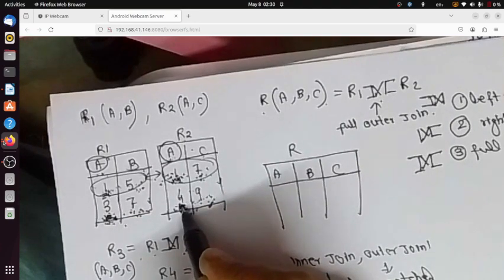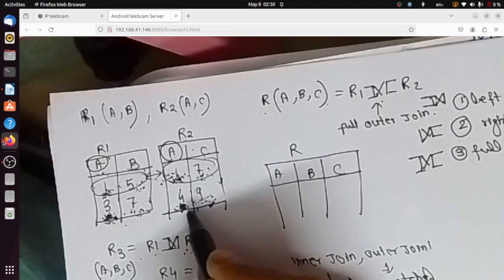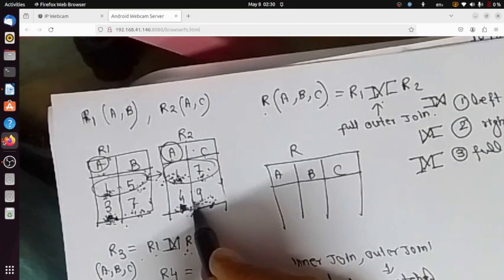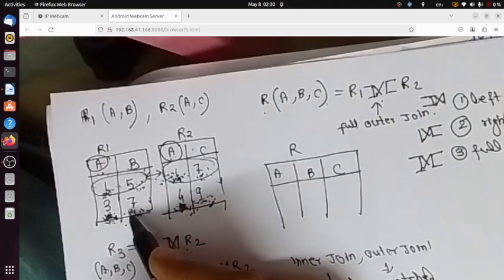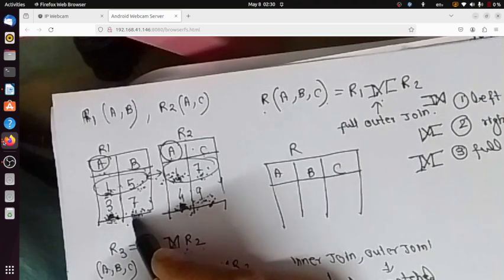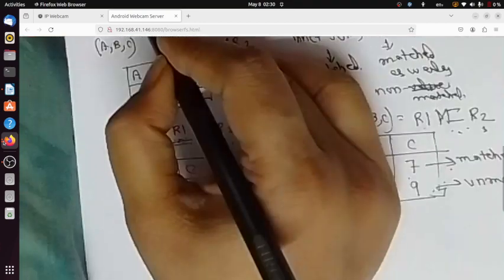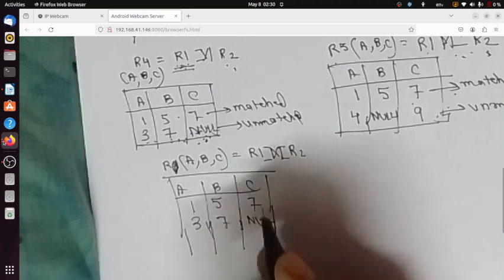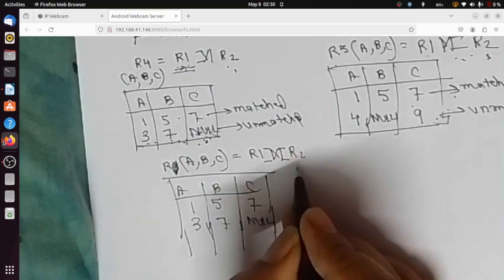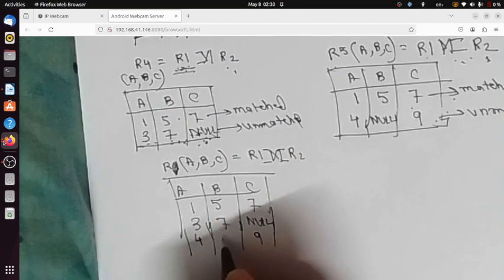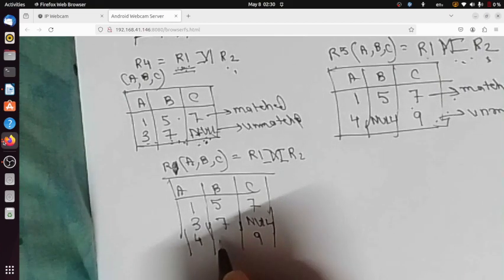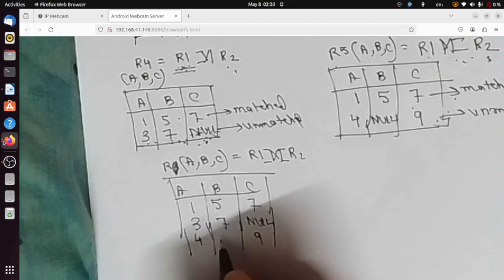So 4, 9 is a non-matched record from relation R2, and it will also be included in the output relation of the full outer join, where the value of A will be 4 and the value of C will be 9, and as this is not matched with any of the records from R1, the value of column B will be null.